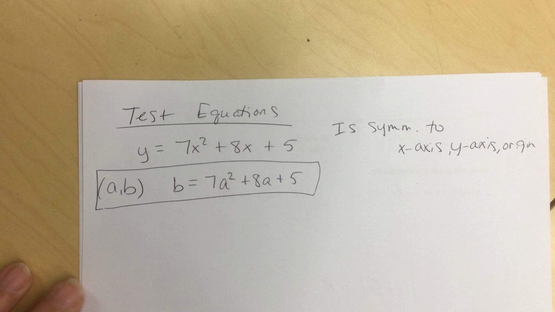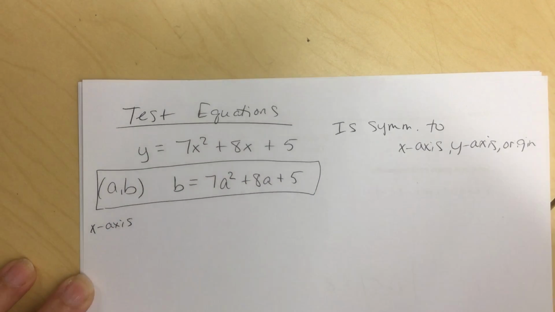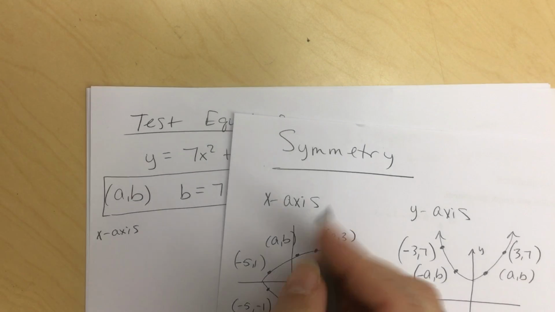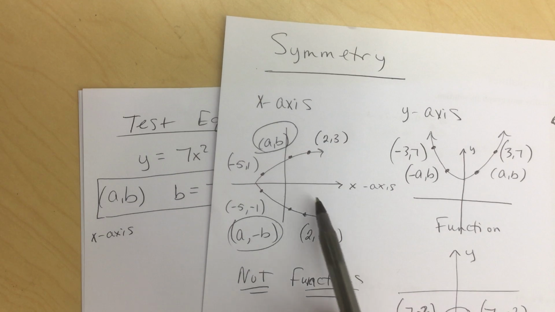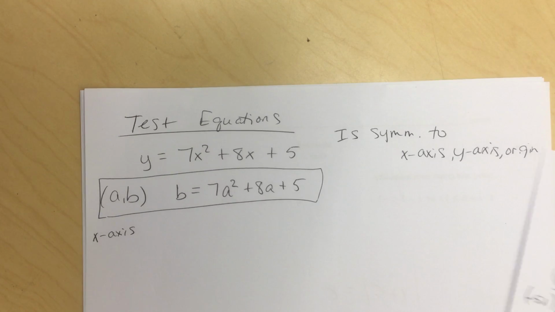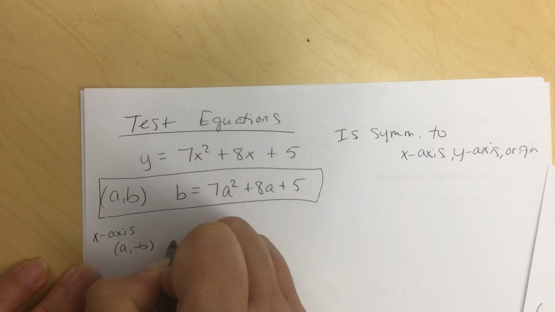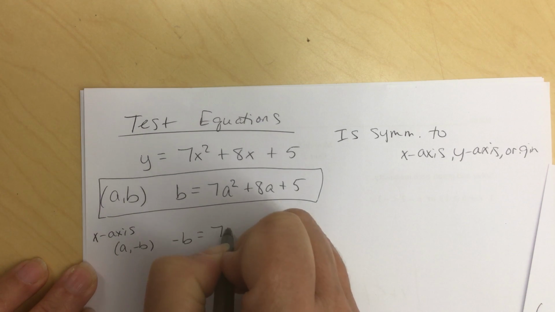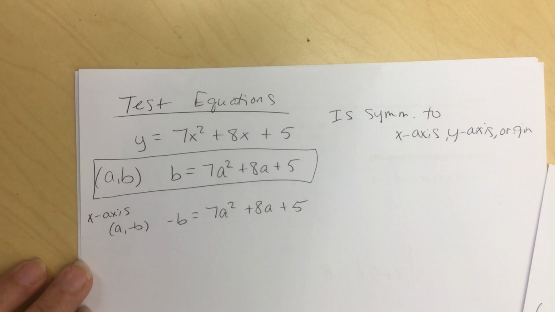So if we want to test the x-axis, then we want to test AB and A negative B. So I'm going to plug in A negative B. That means negative B would equal 7A squared plus 8A plus 5.